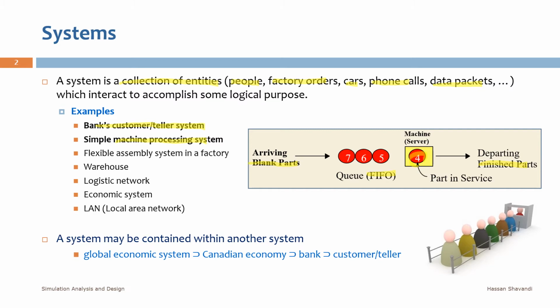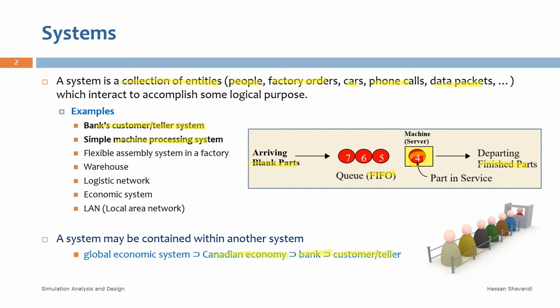A system may be contained within another system. We have different types of systems at different levels. At any level, a system may be a subsystem of a larger system. For example, the customer teller system will be a subsystem of the bank system, and the bank system could be a subsystem of the Canadian economy system.